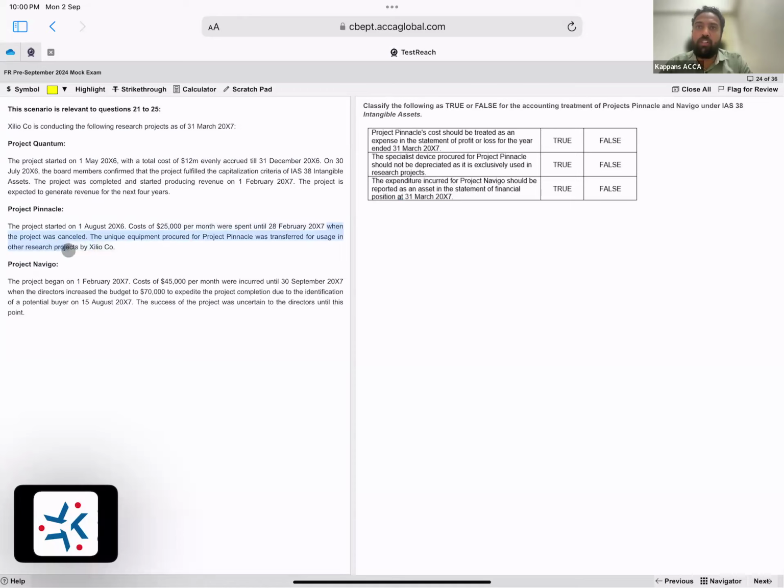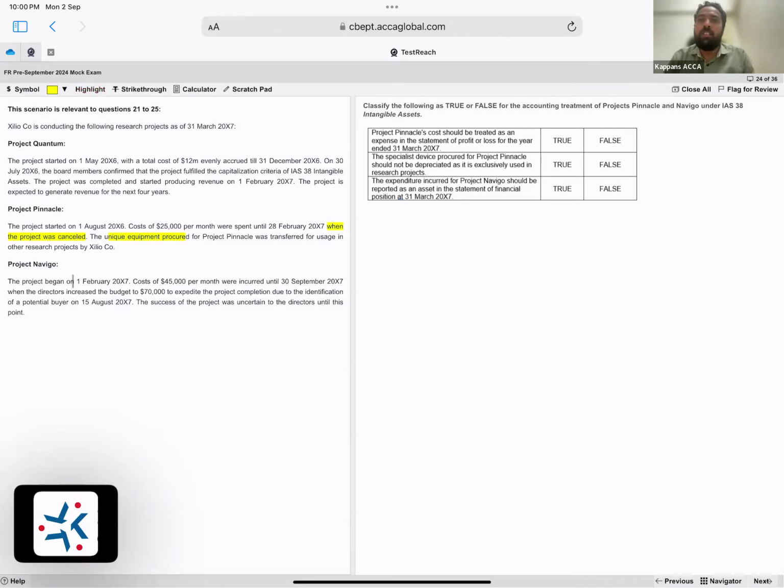So this project got cancelled. So every expense that has been incurred on research and development should be written off to P&L. The unique equipment procured for Project Pinnacle was transferred to be used in other research projects by Zillow. So they had an equipment which was being used for Project Pinnacle. Since the Project Pinnacle is scrapped or cancelled, this equipment was transferred to other projects.